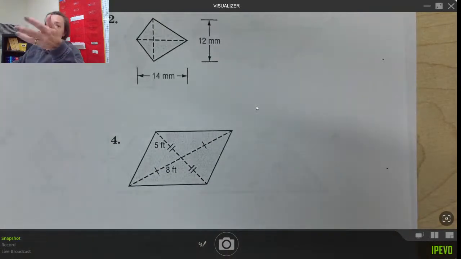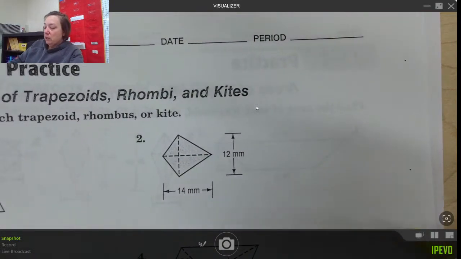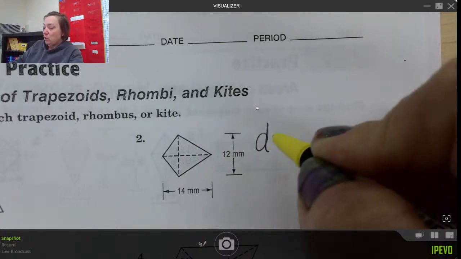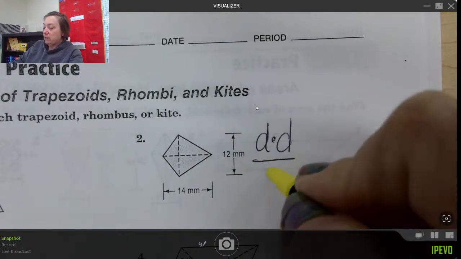Okay, now that's on trapezoids. Rhombi and kites have the exact same formula. You just look at it a little bit differently, but it's exactly the same formula. On a rhombus and a kite, you take their diagonals, multiply those diagonals, and then divide by 2.